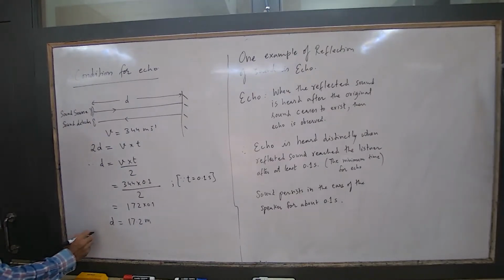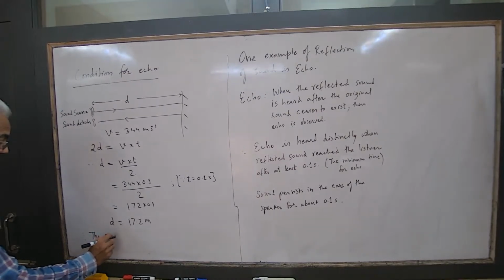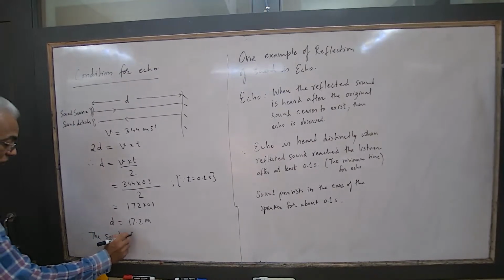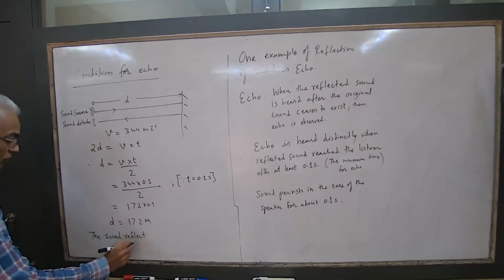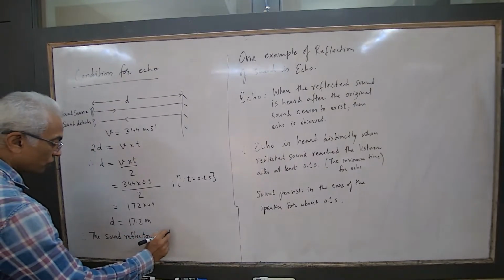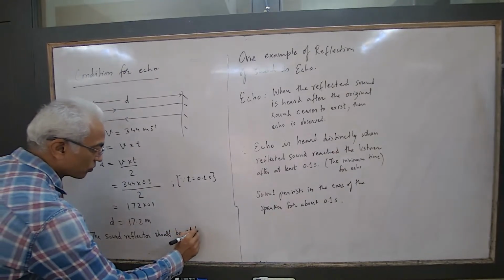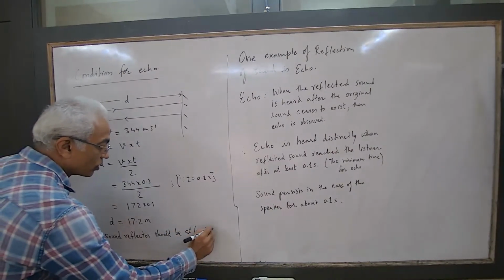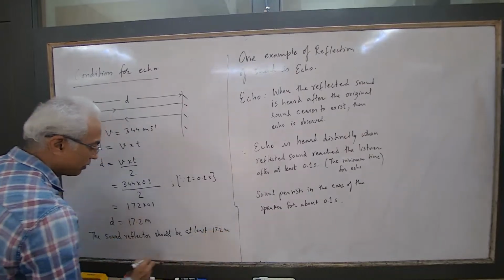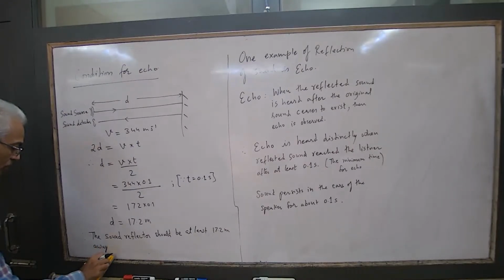Therefore, the sound reflector should be at least 19.2 meters away for echo to be heard.